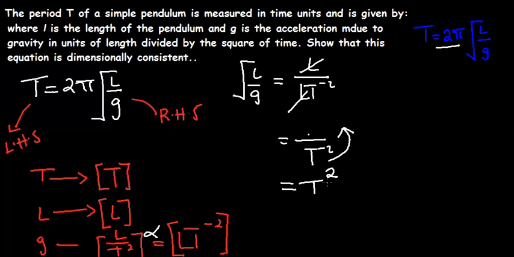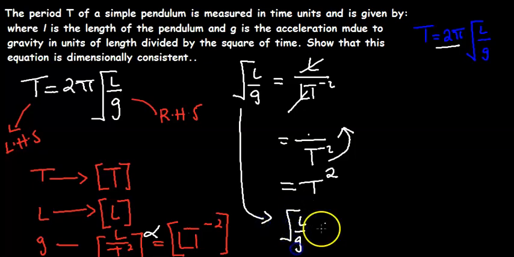So at this point, next thing which we need to do is to take out the square root. Notice that we are going to bring this one down, which is going to be the square root of L divided by g, simply the square root of the dimension of T to the power of 2.